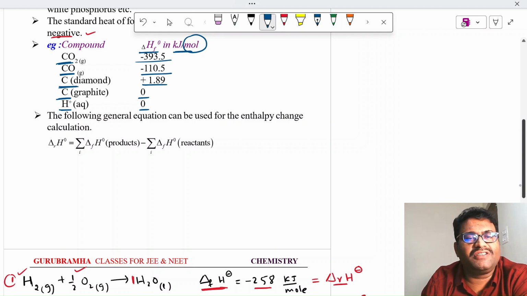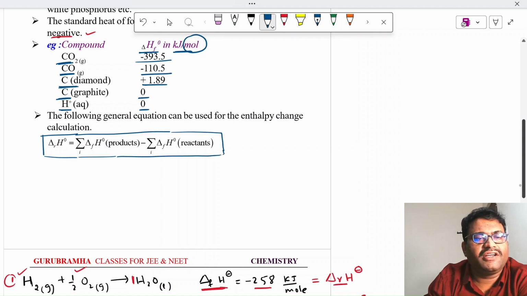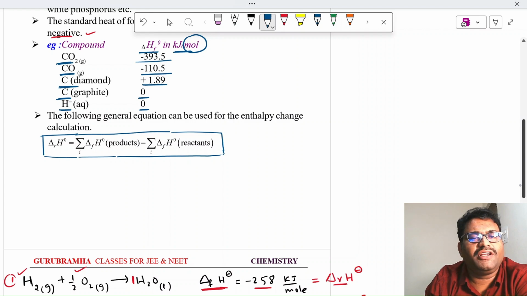Taking that most stable state as 0, the enthalpy of formation of other allotropic forms or compounds are calculated. Here this formula is very, very important. Based on this formula, we are asked questions in JEE Mains and whatever competitive examinations we are attending. See, the enthalpy of reaction is equal to the sum of the enthalpy of formation of products minus the sum of the enthalpy of formation of reactants.